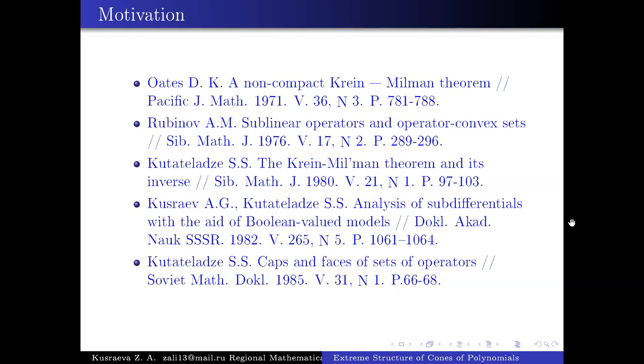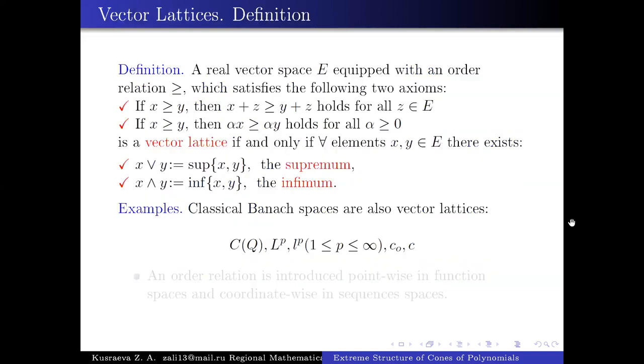And here I want to emphasize that despite the fact that plenty of results were obtained in different cases, the most general results were obtained by Professor Kusraeva and Professor Kutateladze, and they were published in the last two listed manuscripts. To formulate this general result, we will need the notion of a vector lattice.